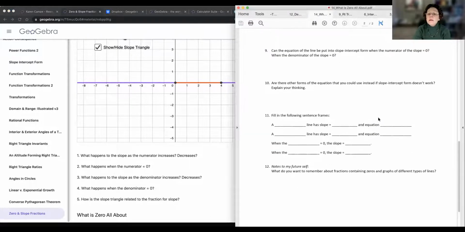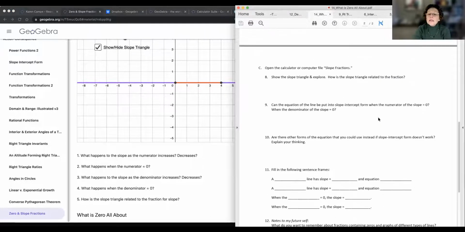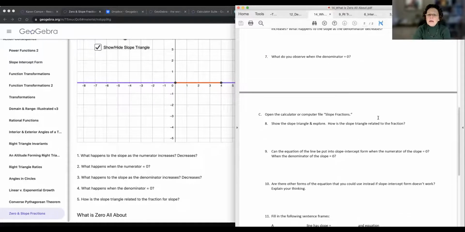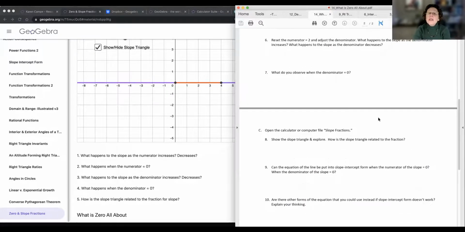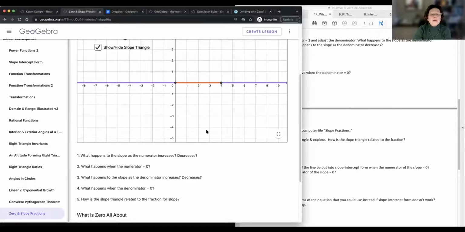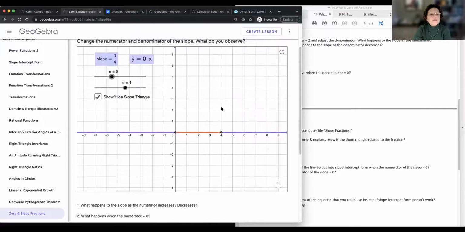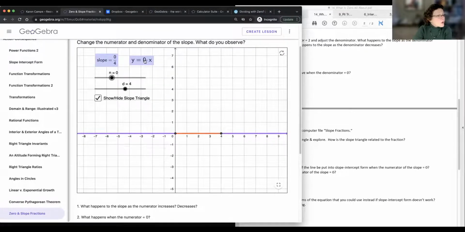On the handout, I ask students, can the equation of the line be put into slope-intercept form when the numerator of the slope is 0 or when the denominator of the slope is 0? So yes, we can create slope-intercept form when we have a numerator of 0, but what about a denominator of 0?